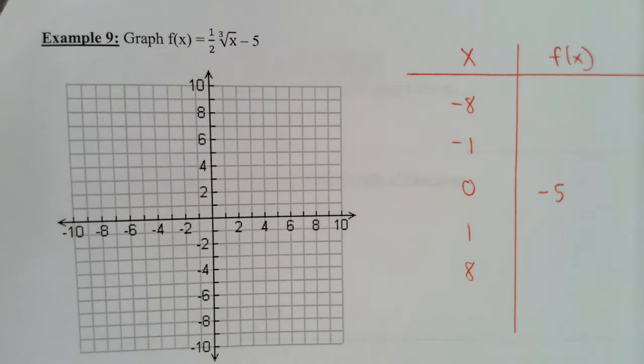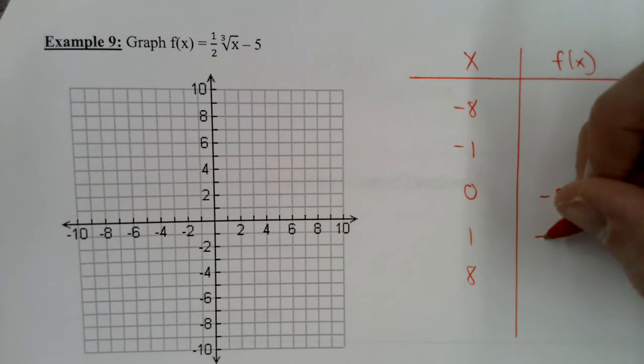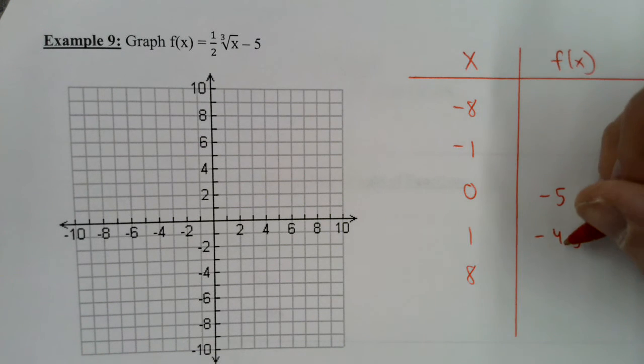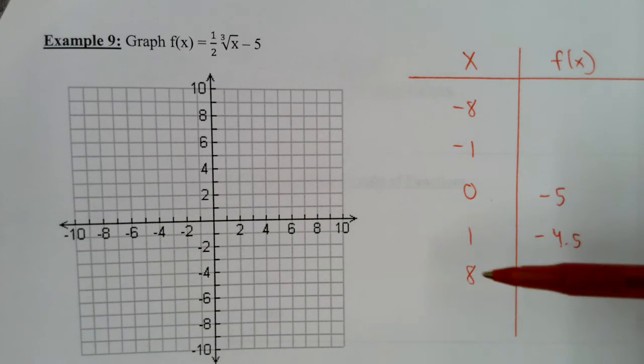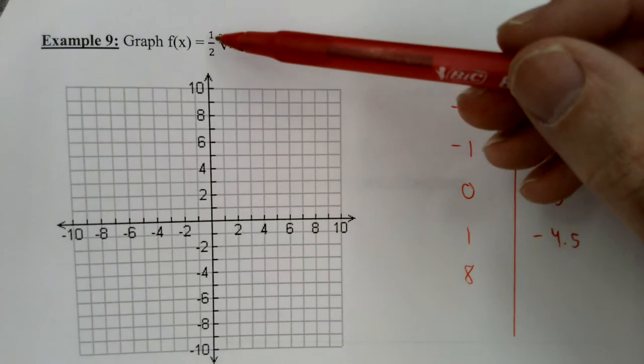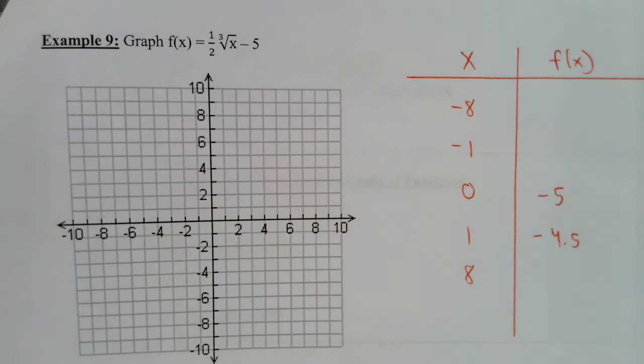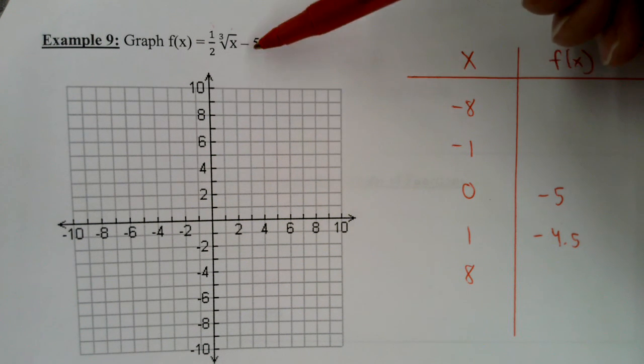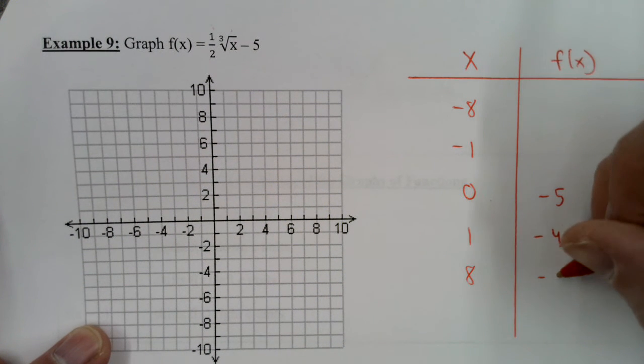And then minus 5 gives you -4.5. When x is 8, the cube root of 8 is 2, because 2 times 2 times 2 is 8. 2 times a half is 1. Minus 5 gives you -4.